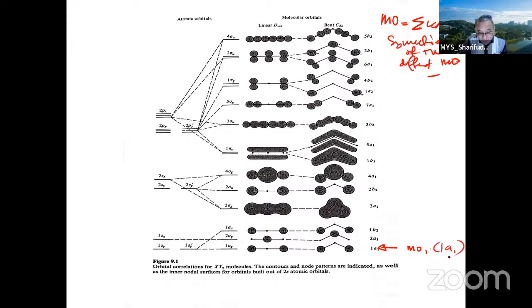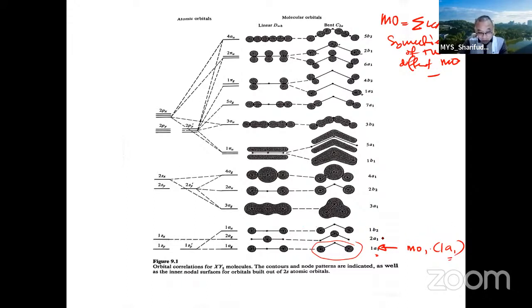If you look at the C2V character table, you will see the A1 representation. So 1A1 means if you do all the operations on this molecular orbital, nothing will change. No change of signs at all. So it belongs to the A1 irreducible representation.